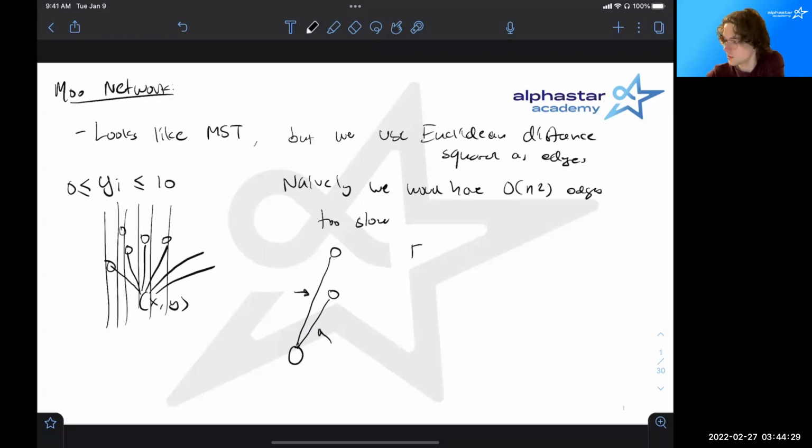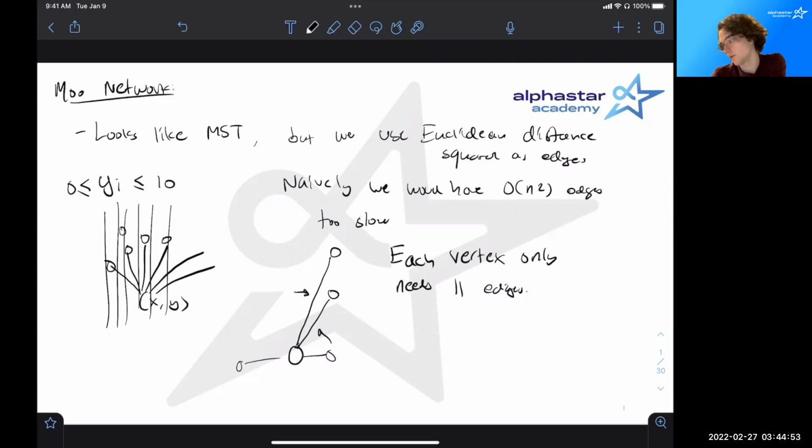So each only needs 11 edges coming out. But I guess you also need the ones that go on the same level. You probably want those. But approximately 11 edges.